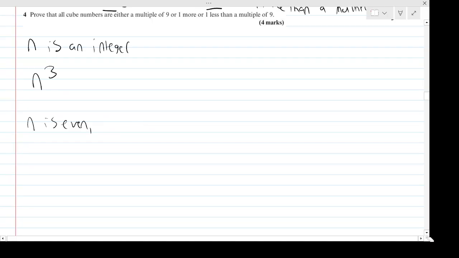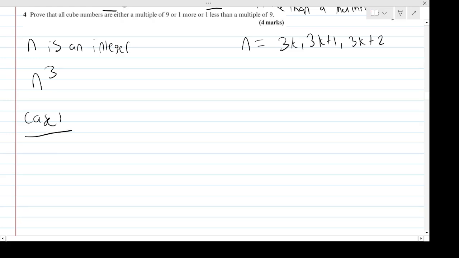Okay, so we consider multiples of 3. So that means n could be 3k, 3k add 1, so 1 more than a multiple of 3, or 2 more than a multiple of 3. So there we are then. Let's consider the first case, when n is 3k.